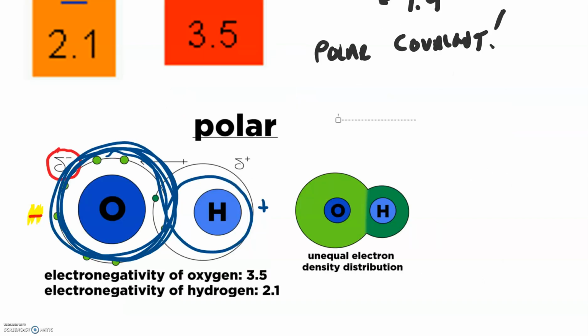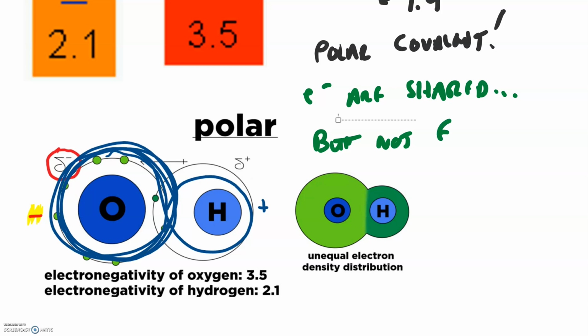When it's a covalent bond that is polar, it means that the electrons are shared, but not equally. It means that the atom that has the higher electronegativity is going to hog them. And that means that they end up spending more of their time around the oxygen atom than the hydrogen atom.